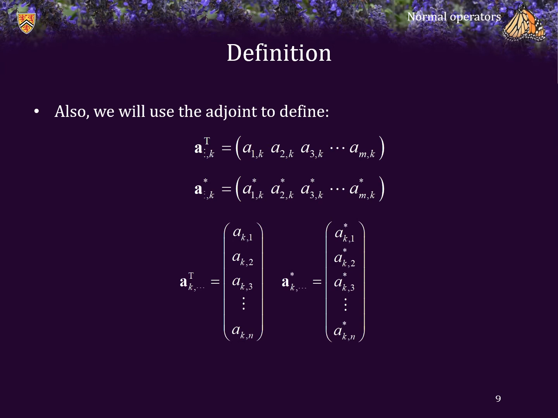So if we take the transpose of that row, we get a column vector that contains n entries. On the right at the bottom, we have the same except when we take the conjugate transpose. So it's the same entries, but each of the entries is conjugated.